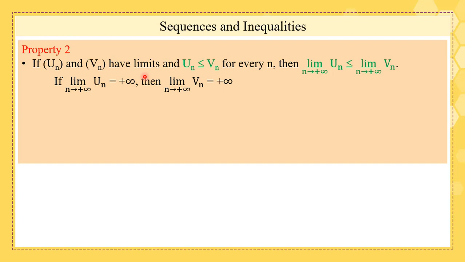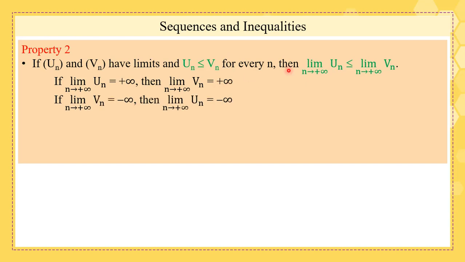Well, specifically, if the limit of Un is plus infinity, and Vn is greater than Un, it means that the limit of Vn is greater than plus infinity, and something greater than plus infinity is plus infinity.